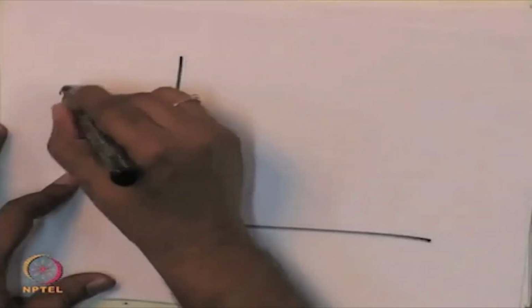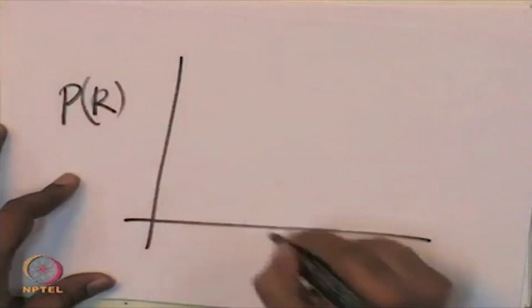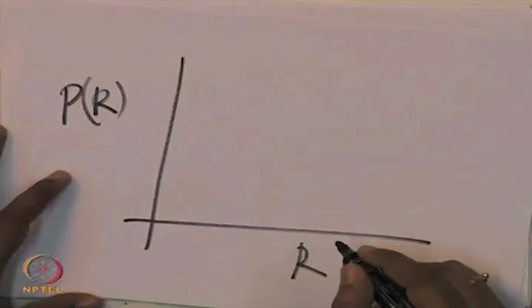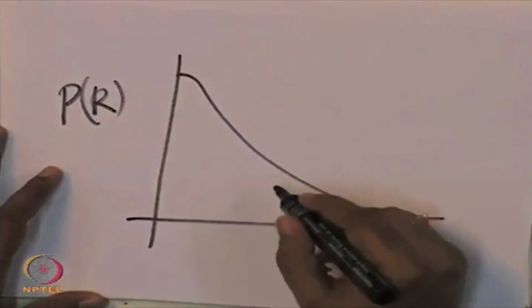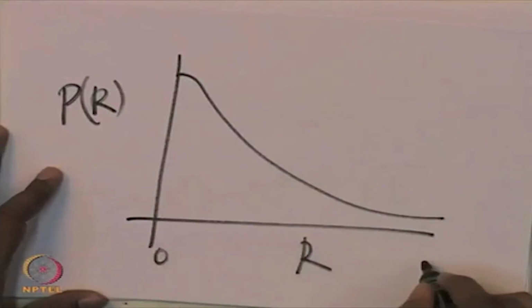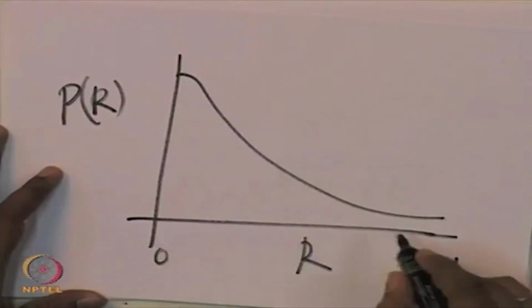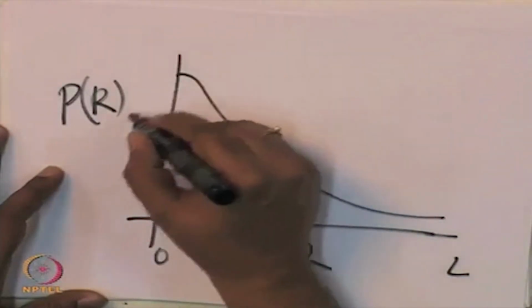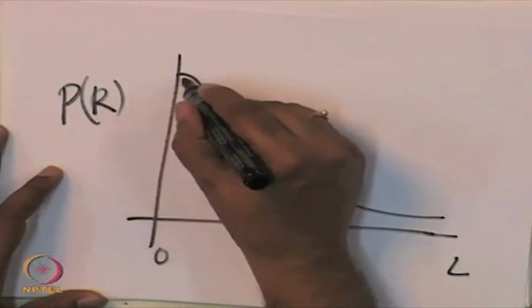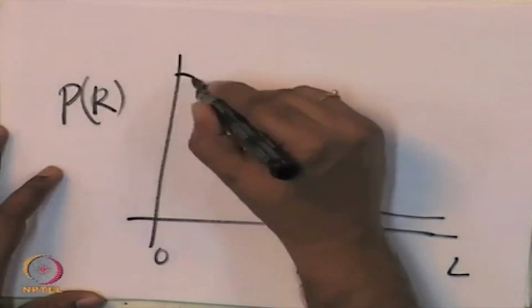So if you plot the distribution P of r versus r, what we will get is a Gaussian. If you plot r from 0 to L, this will be a Gaussian with peak at 0.